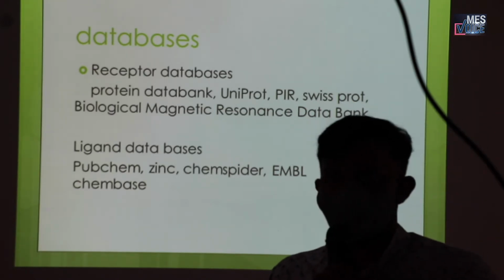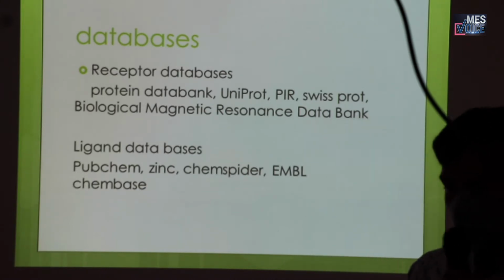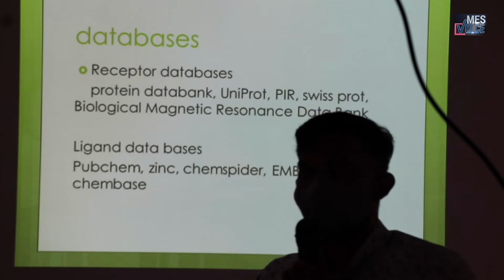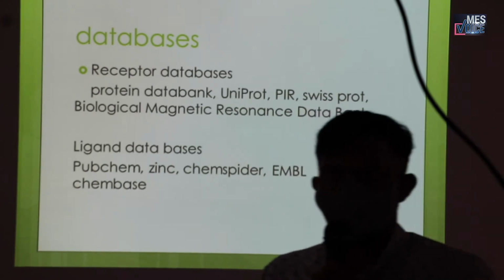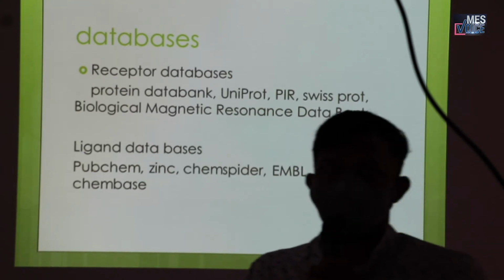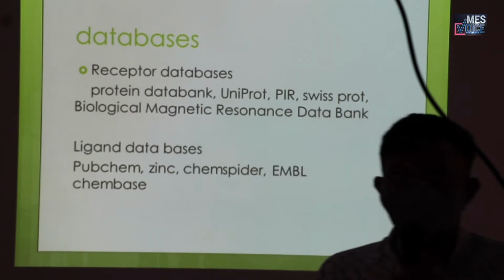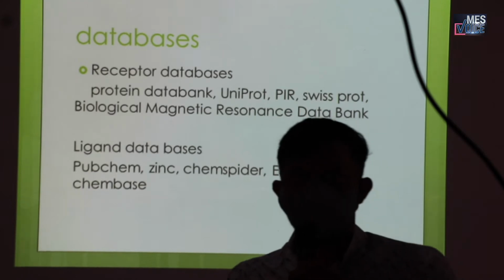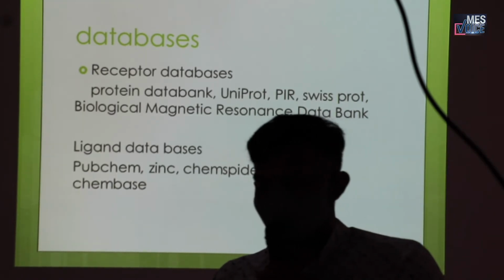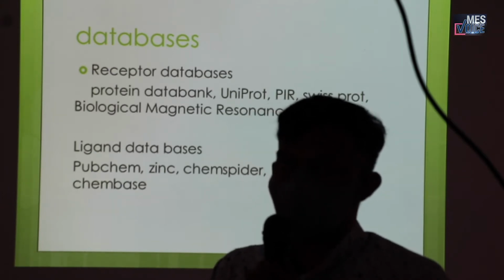In molecular docking, we need two important requirements. One is the protein structure, and the other is the small molecule structure. We can get them from biological databases. Protein structure we get from the Protein Data Bank, and UniProt, PIR, and SwissProt give protein sequences.